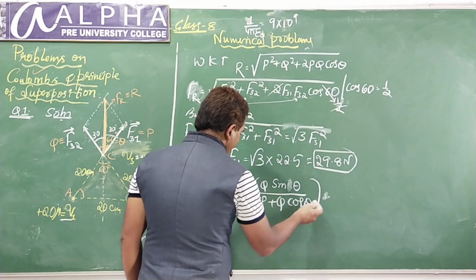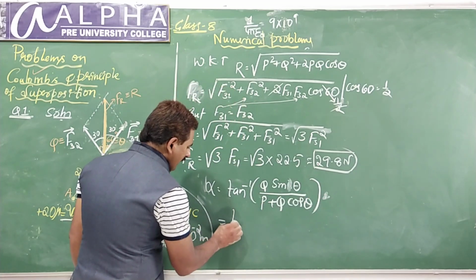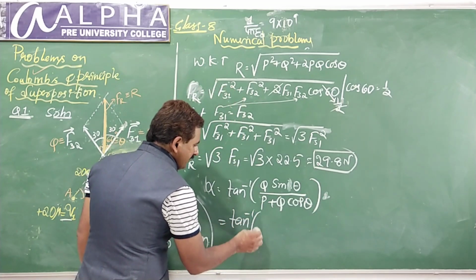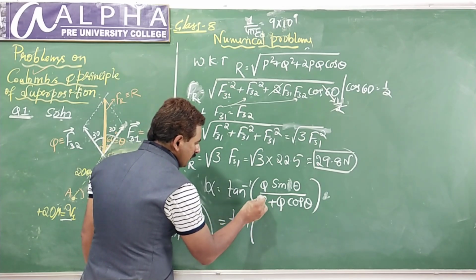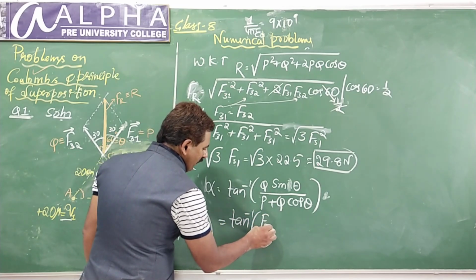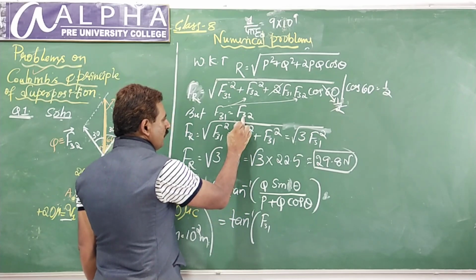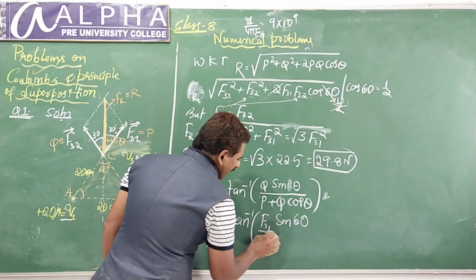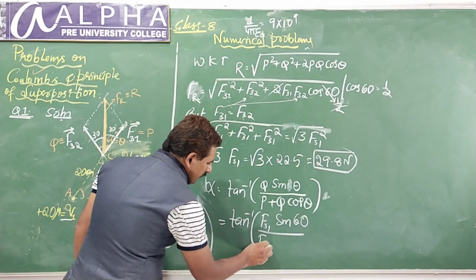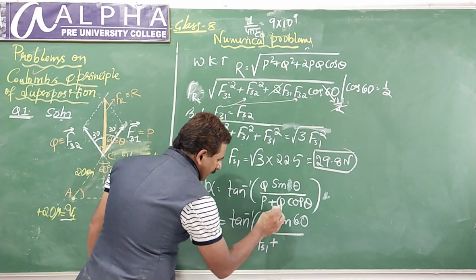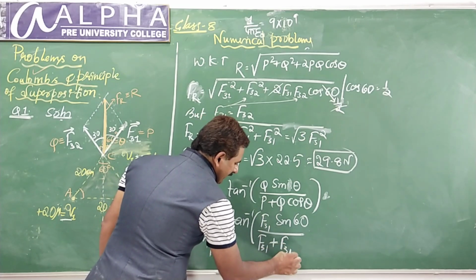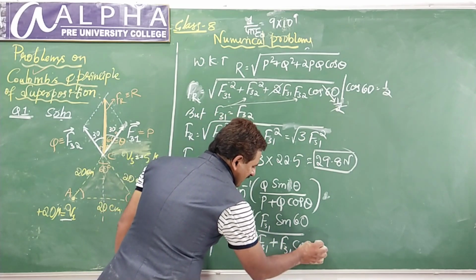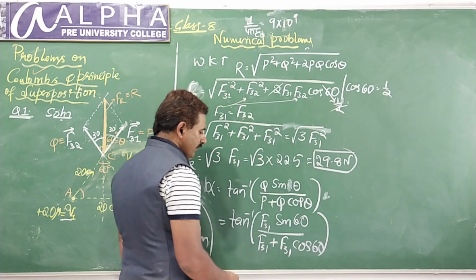I can show it here itself. Tan inverse. What is Q? Q is F31, F31 equals F32, both same. Sin 60 divided by, Q is also F31, P is F31, cos 60. That's it. Right?